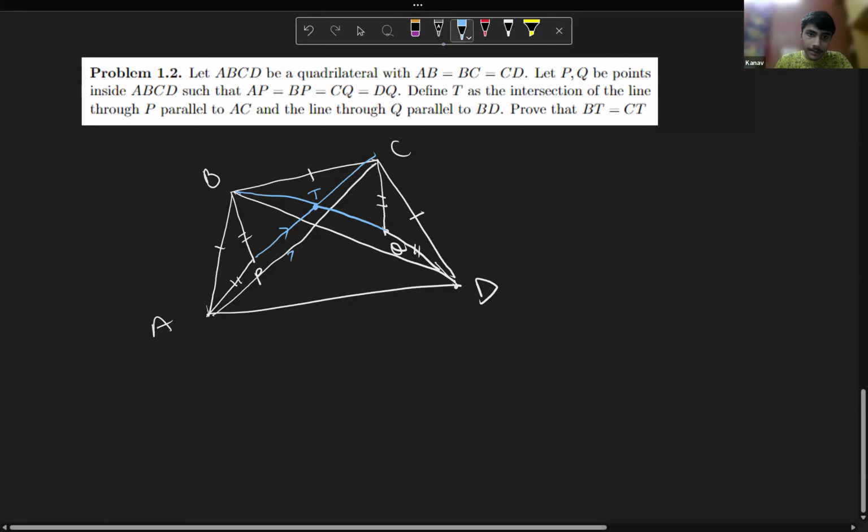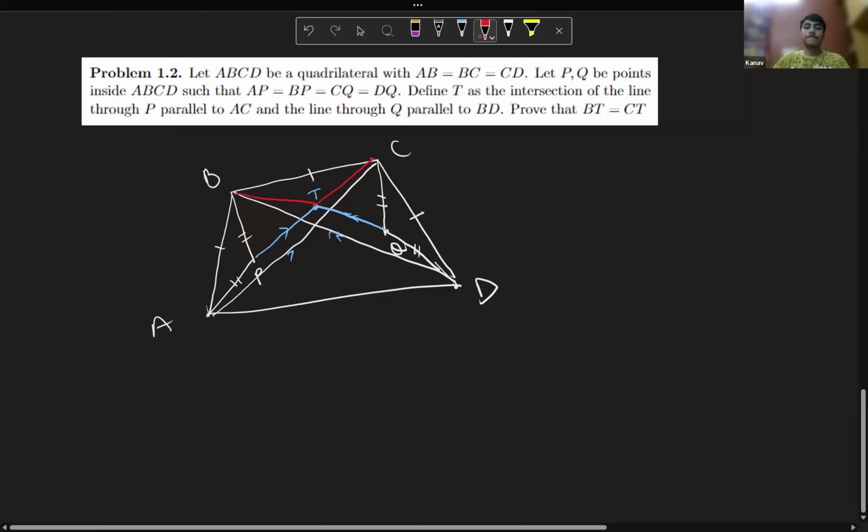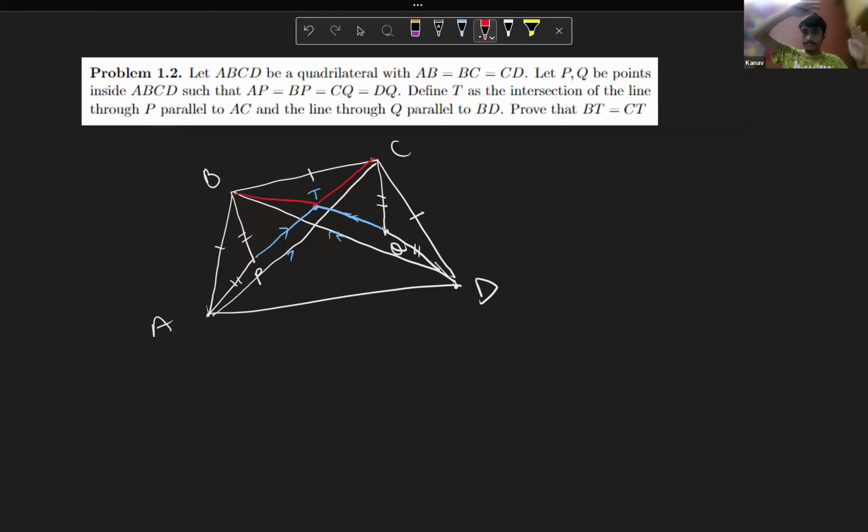So this is parallel to this. This is parallel to this. I'll actually draw BT and TC in another color so that it's visible that the lines are not the same. Like the blue line and red line are not the same. Neither is the white line the same as the blue line.